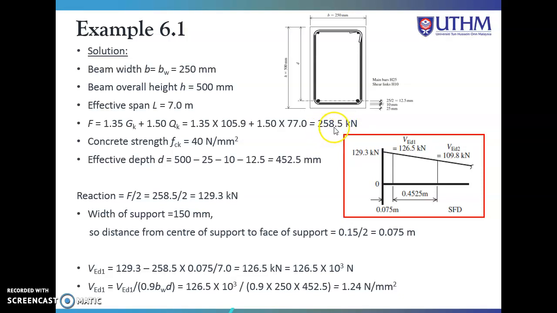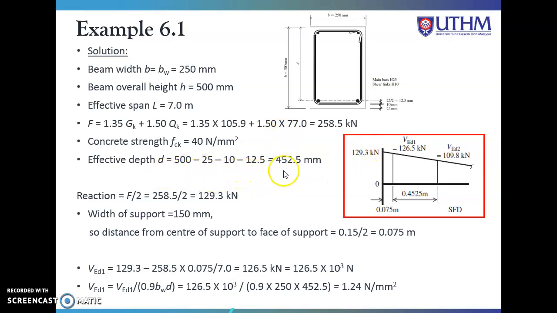So 258.5. So the concrete strength is 40. And okay, this the effective depth ni tadi yang kita dah kira, H tolak cover, tolak dengan link size, tolak dengan half bar of the diameter size. Alright. So effective depth dia adalah 452.5 mm. Okay. Yang kita dapat ini adalah boleh dikirakan sebagai point load ke atas beam.